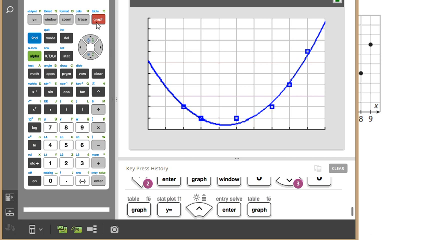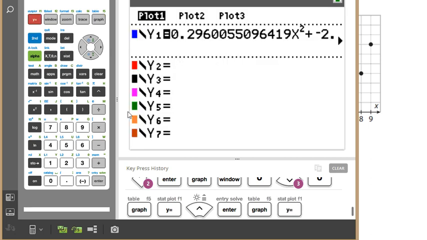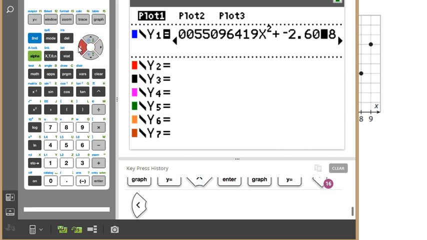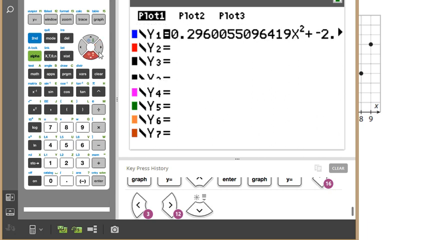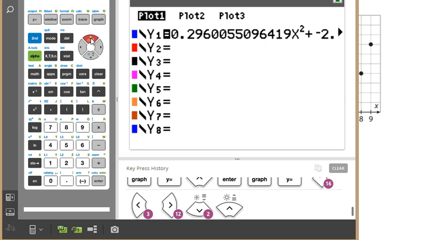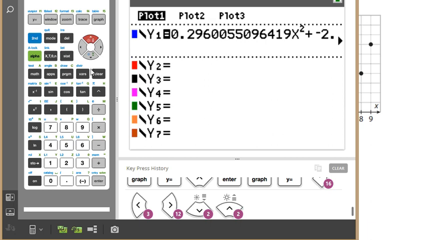And let's go ahead and go to Y equals, so 0.296 x squared. Let's see what else we got. Minus 2.6x. Okay, we'll put it in here, 0.296 x squared.